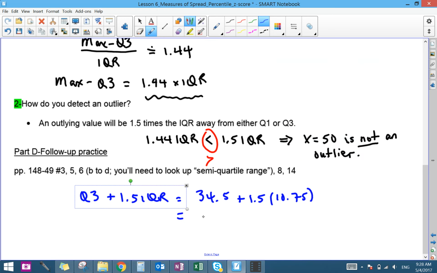I'm getting a value of 50.625, which is greater than 50, it's greater than the max. And because it's greater than the maximum value, we know the max lies below the 1.5 IQR ruling, and we can conclude that it's not an outlier.